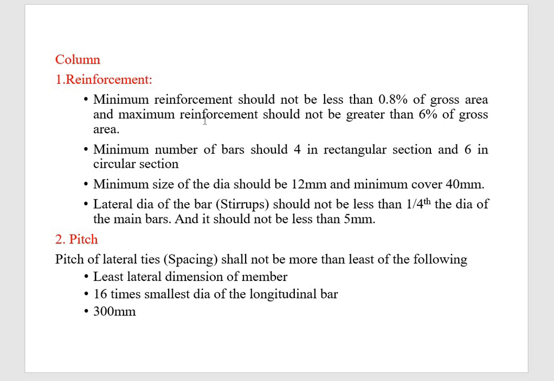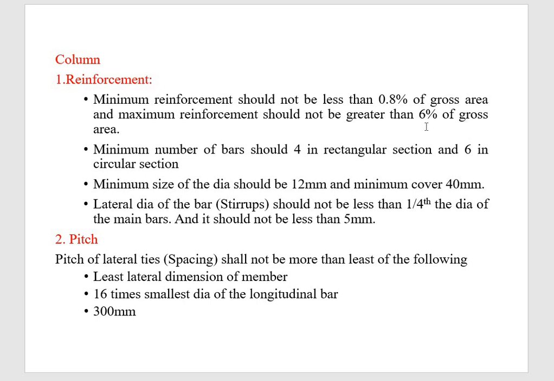of the gross area. And for a column, the minimum number of bars for a rectangular column is 4, for a circular column it is 6. Keep it in mind. Many times in exams, any competitive exams, these values of minimum and maximum reinforcement for beams, slabs, columns are important.